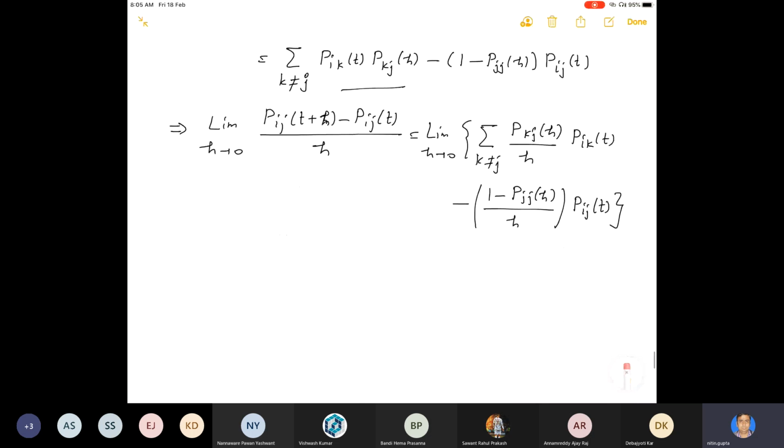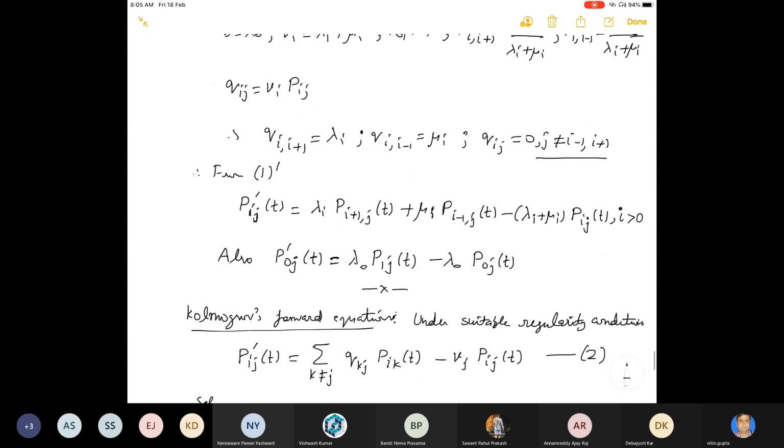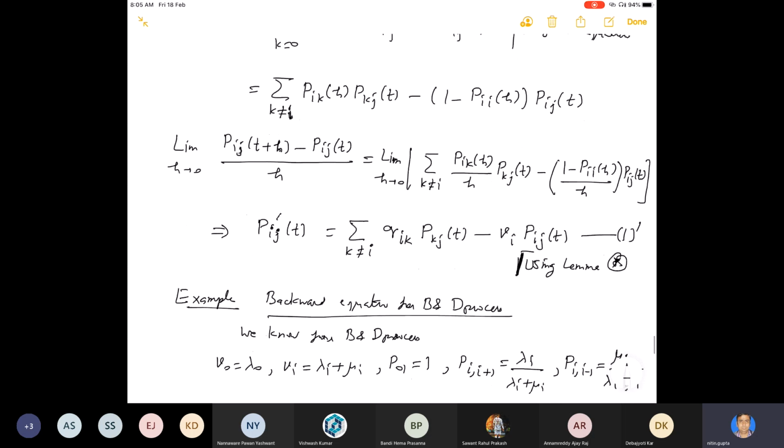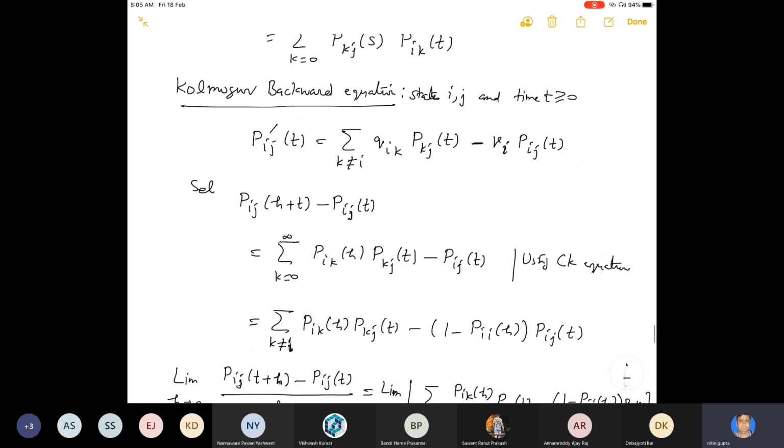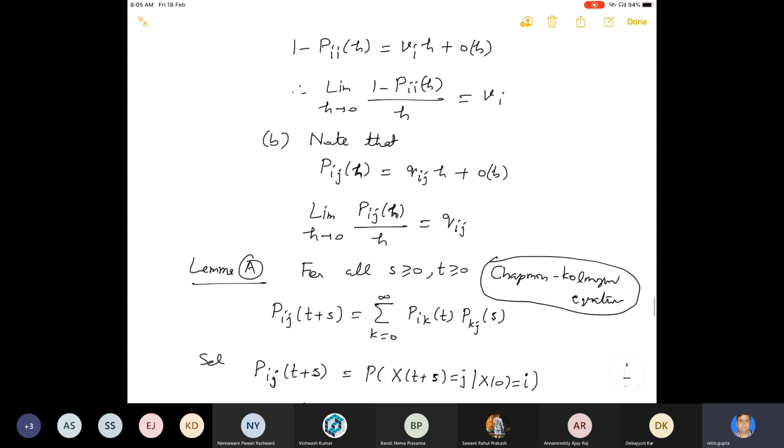Now this implies that Pij prime t is, taking the limit, and from the lemma we can easily see that this is qkj. So this you can see from this lemma star. Pij h upon h is qij, and 1 minus Pii h upon h is vi.